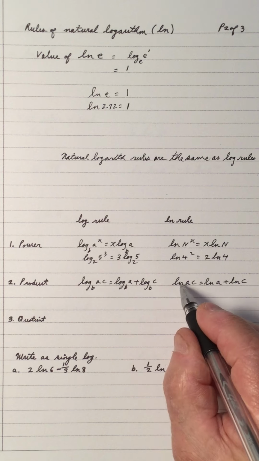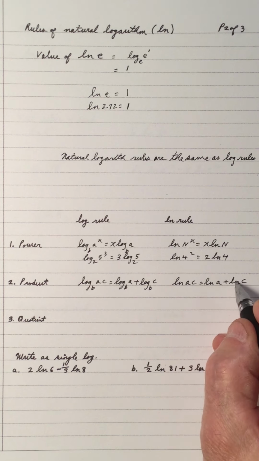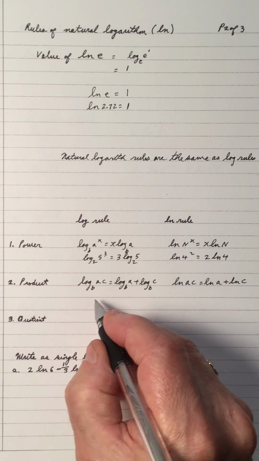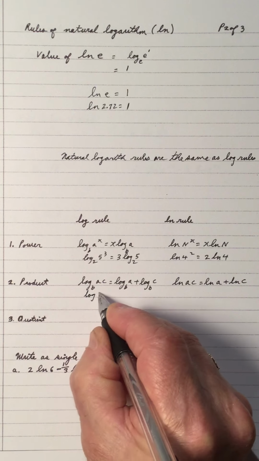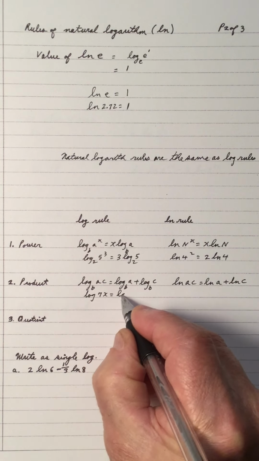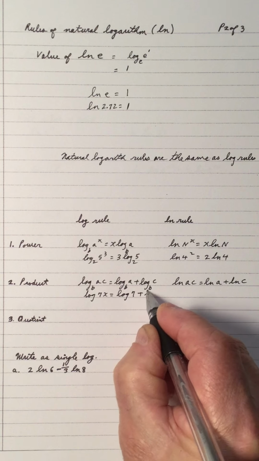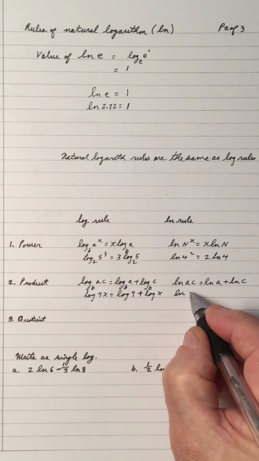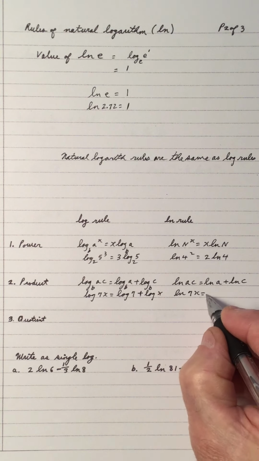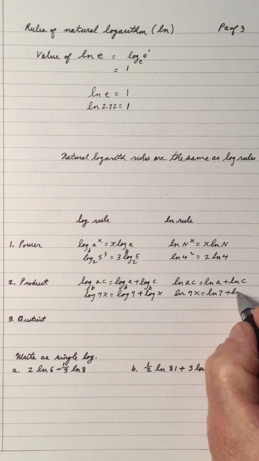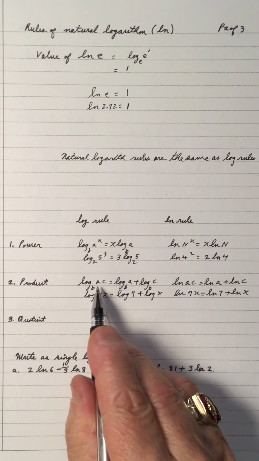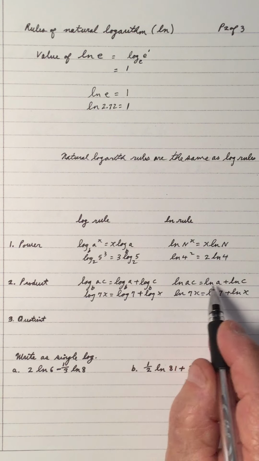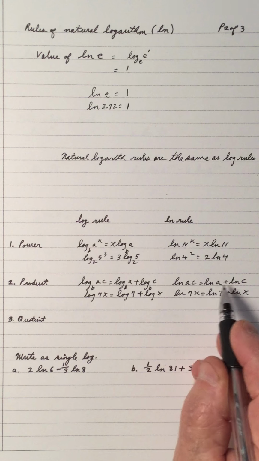So the ln of a product is the sum of the lns, or we could say logs. An example of that: the log of 7x is equal to the log of 7 plus the log of x. And the ln of 7x is the ln of 7 plus the ln of x. So the log of a product is the sum of the logs, and that's the same here. The ln of a product is the sum of the lns.